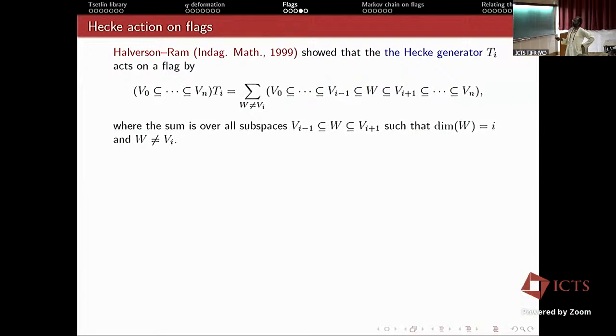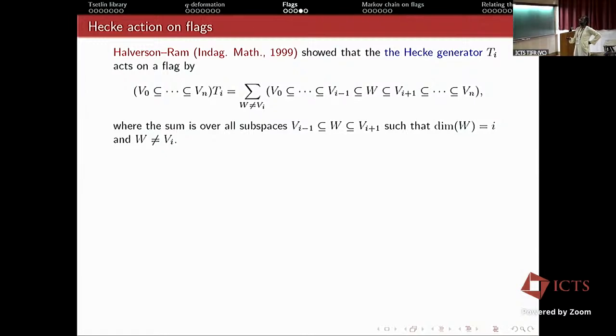If I take T_i, it acts on a flag by replacing the ith vector space by a sum over all possible vector spaces of dimension i, which contain V_{i-1} and are contained in V_{i+1}, but are not equal to V_i. So I should say we are working over C[G/B], the group algebra. So this is a sum in that space.